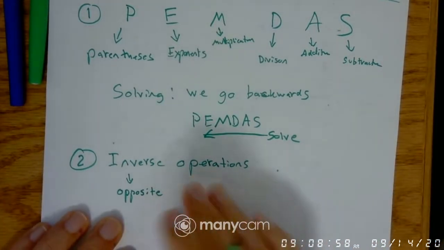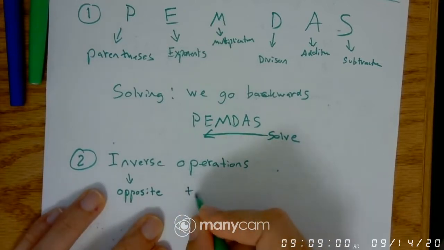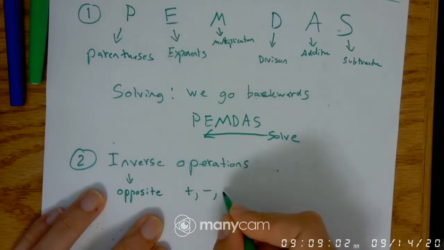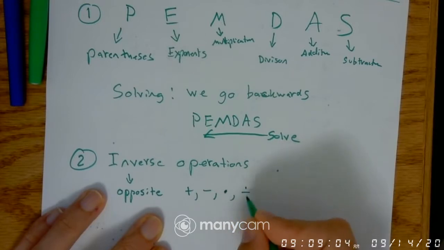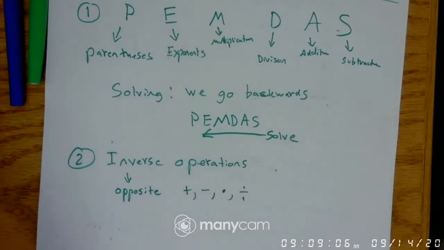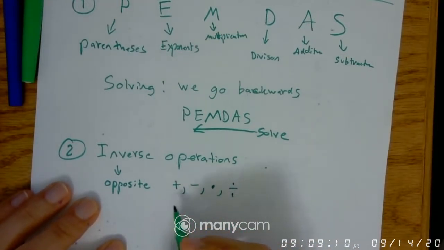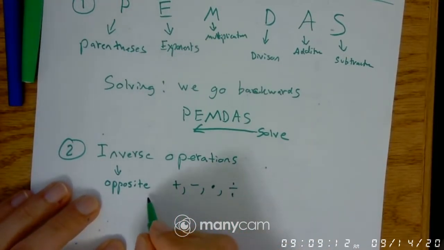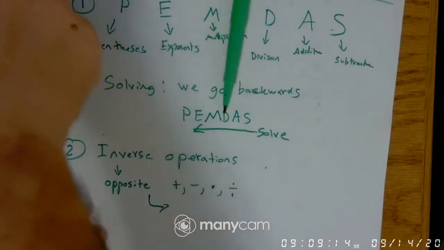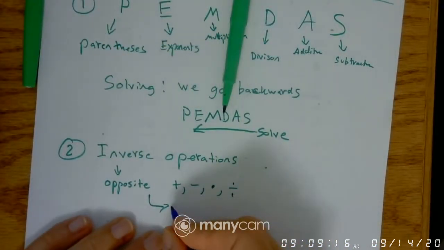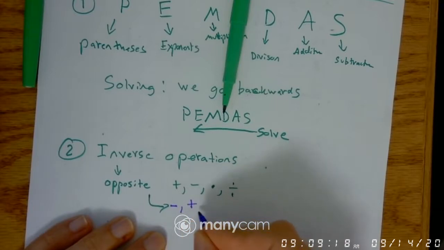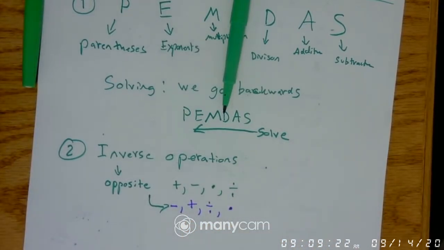And operations, that's your plus, minus, multiply, and divide. And so the opposite of these, we talked about that last time. The opposite of these would be negative, positive, divide, multiply. Okay?